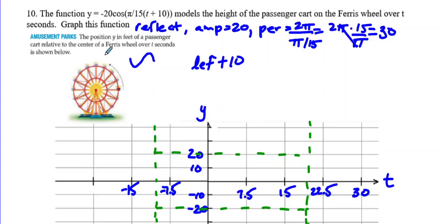My Ferris wheel is a cosine graph which normally starts high, but it's negative, so it's going to start low. And I started before this negative 7.5 line, so my next point is before the 0. My next point is before the positive 7.5 line, before the 15, and before the 22.5, which is actually right here. And then you want to draw in the curve. So this is the height of the Ferris wheel as the time is passing.